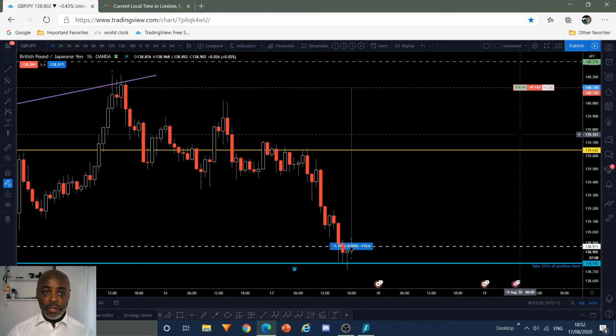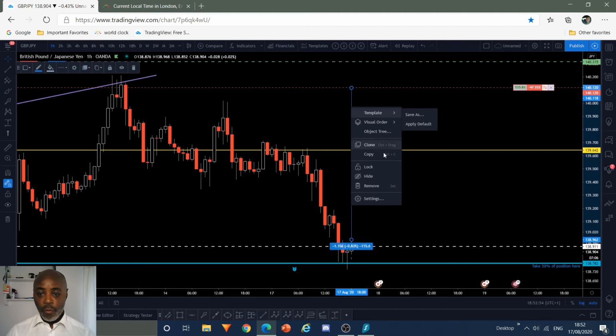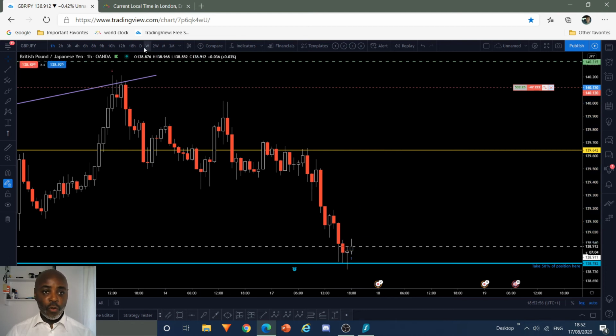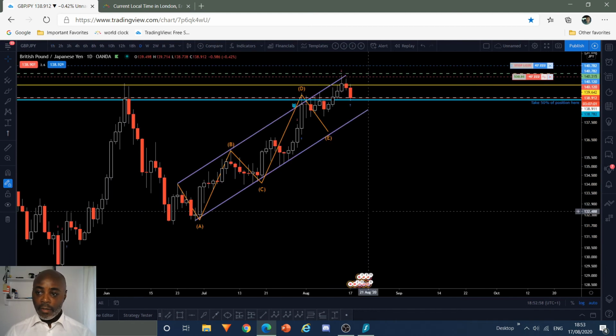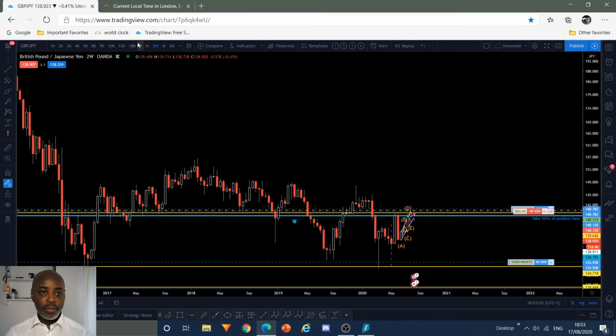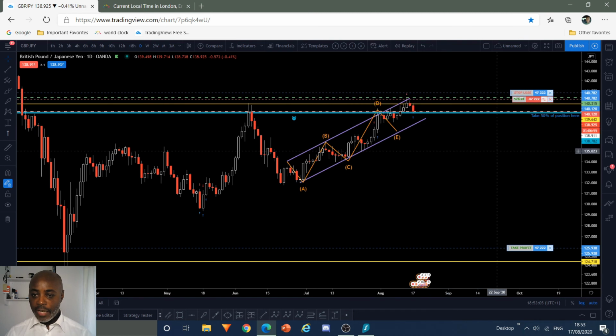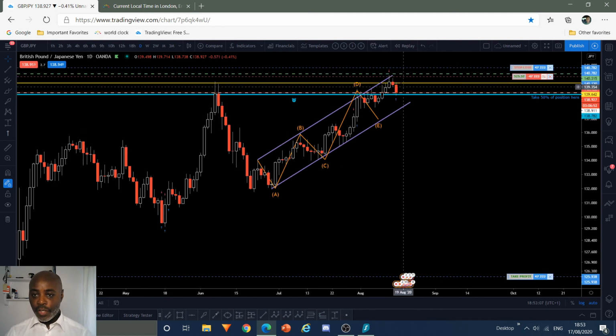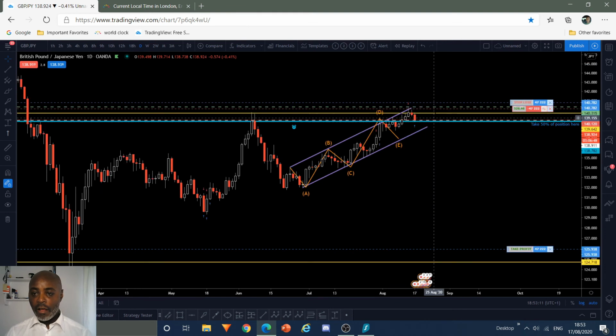Okay, this trade has a long way to go. Let's go up the time frames. Where is my take profit? Well, there it is down the bottom there, look. There's my take profit all the way down here. If you consider that we've just taken off 50% of the position, look how far we've got to go.